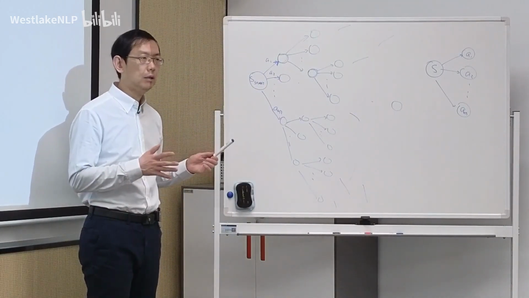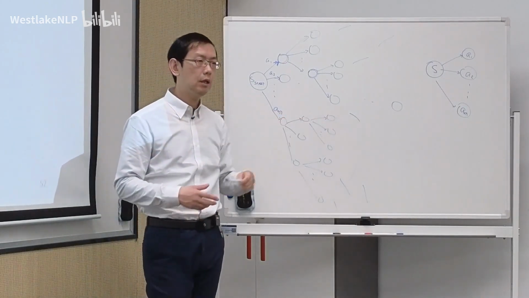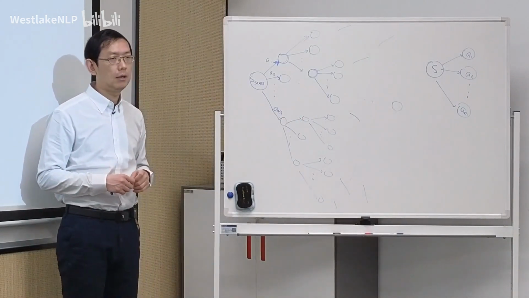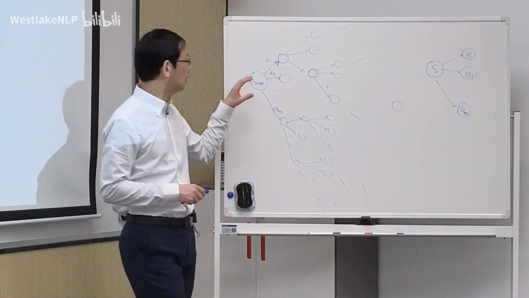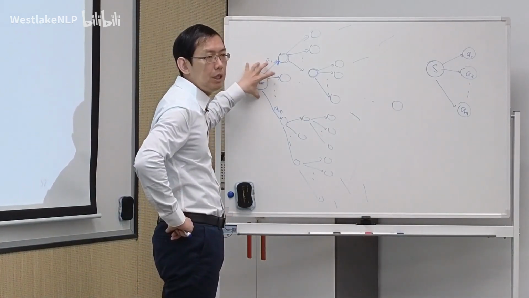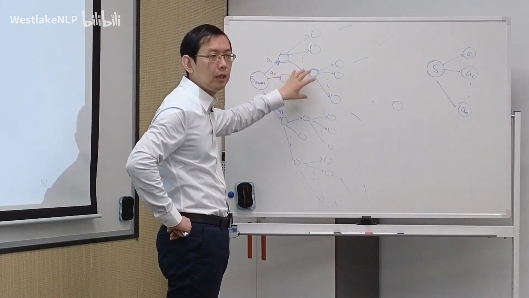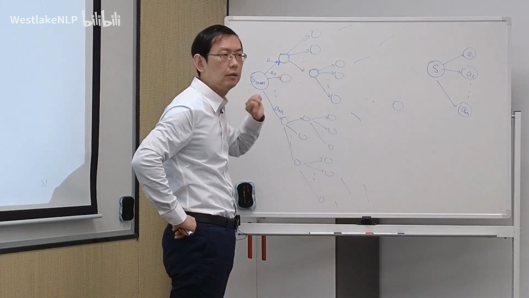By mapping the structural ambiguities to decision sequence ambiguities, we don't reduce the ambiguities. So if we model everything locally, we can result in a problem, which is the local decision can be incorrect.